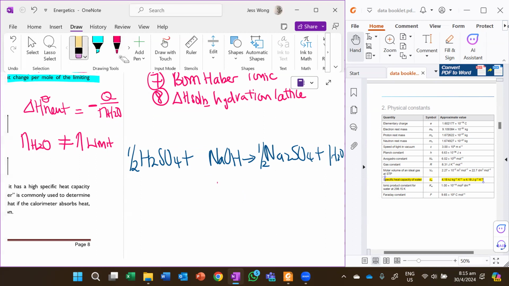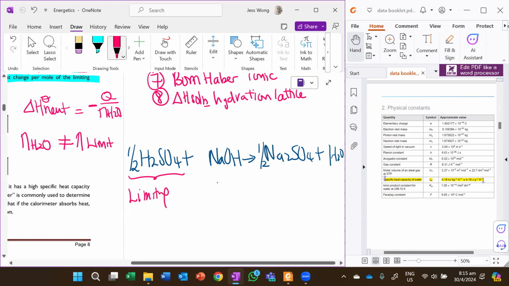But if the limiting reagent is this, you'll find that the number of moles of water is not the same as the number of moles of limiting reagent in this case. So then you have to calculate the moles of water from your limiting reagent.